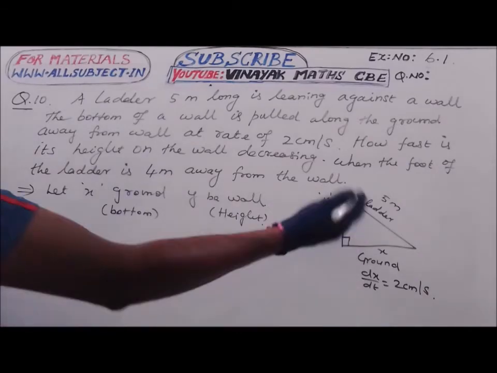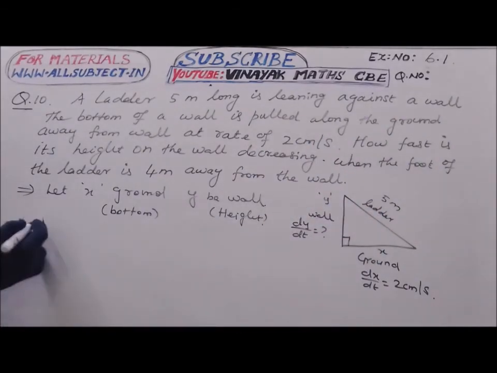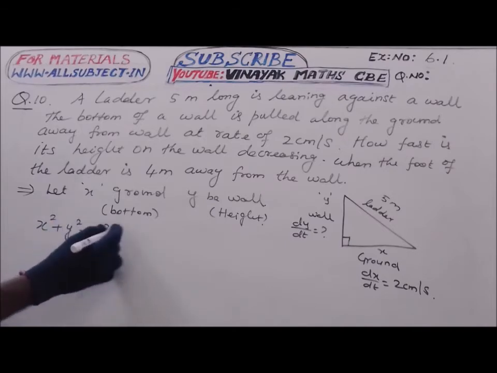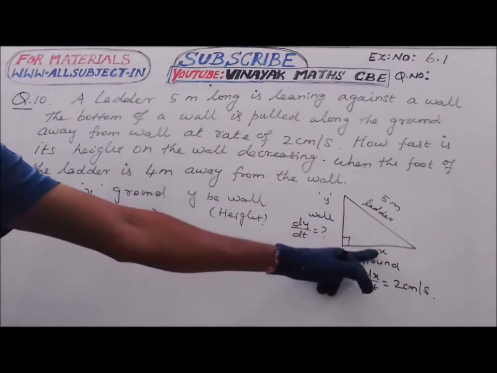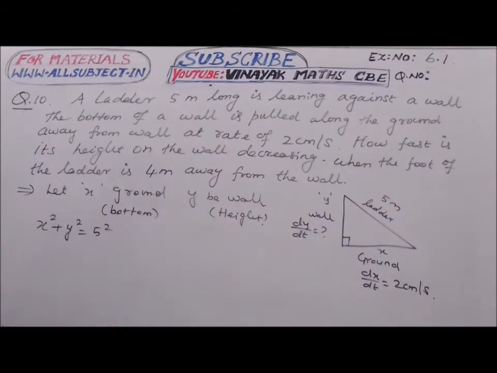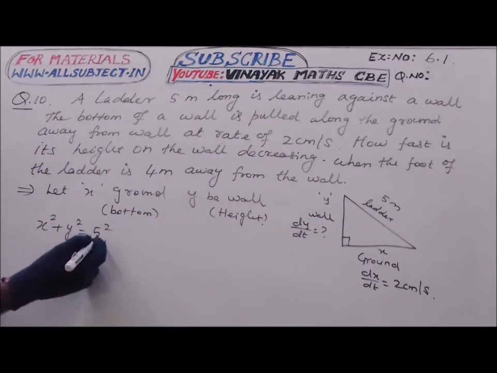Now by Pythagoras theorem, x square plus y square equal to 5 square. It is a right angle triangle, so x square plus y square must satisfy 5 square. Simplifying, x square plus y square equal to 25.